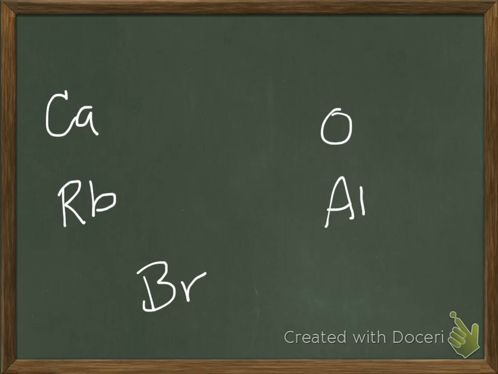So, calcium, when it forms an ion, is going to form a calcium what? 2 plus. So here's the question I'm asking you. When calcium forms an ion, will its radius be larger or smaller than the neutral atom?